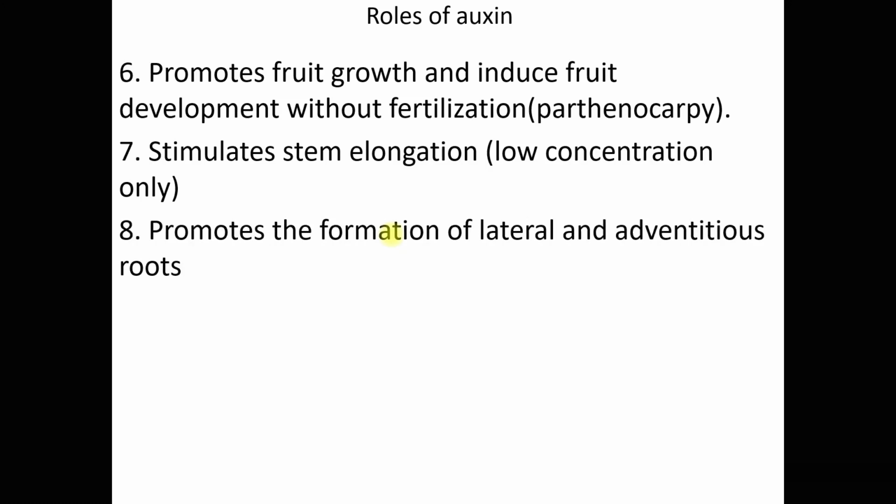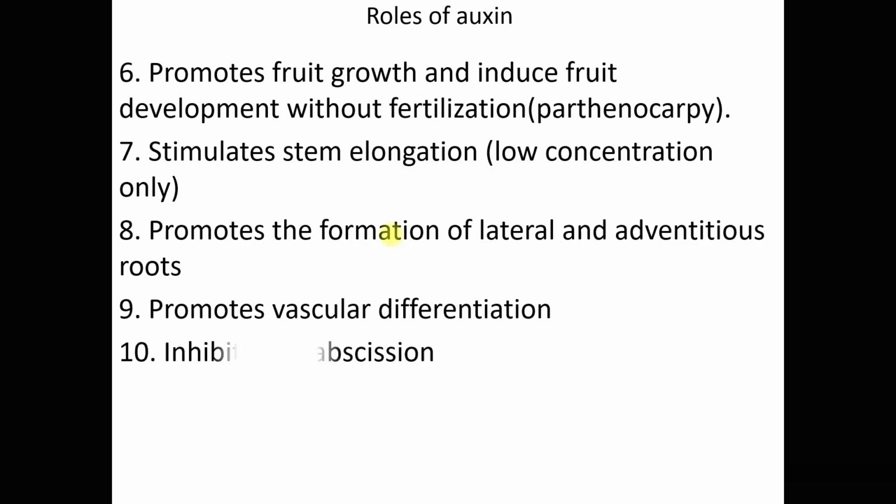It promotes the formation of lateral and adventitious roots. Okay, auxin does not promote formation or development of lateral buds, but for roots, yes, it does. It promotes the formation of lateral and adventitious roots. It promotes vascular differentiation and inhibits leaf abscission.